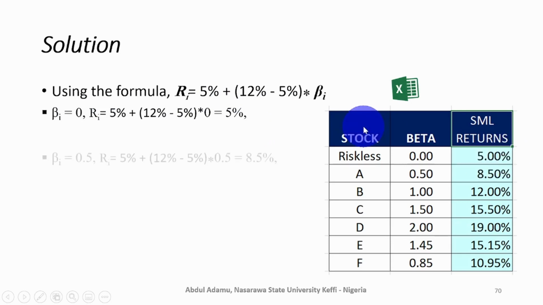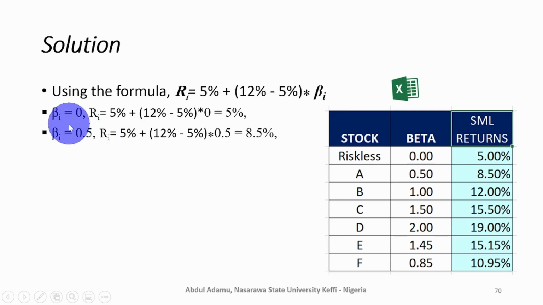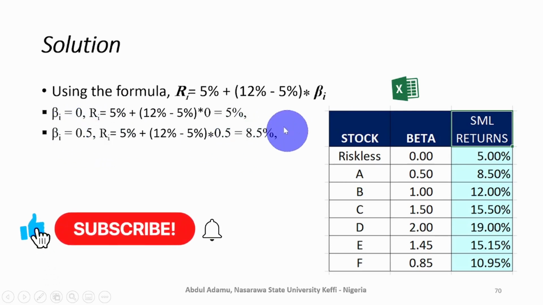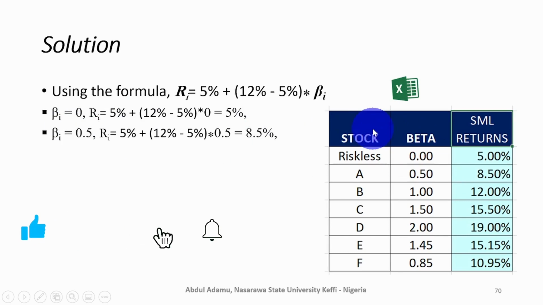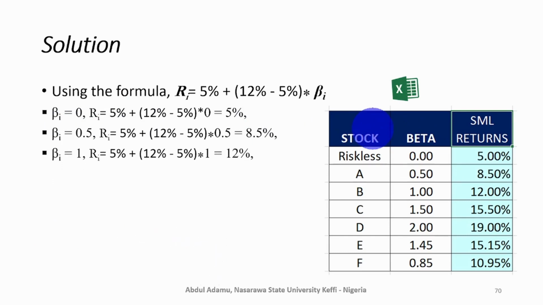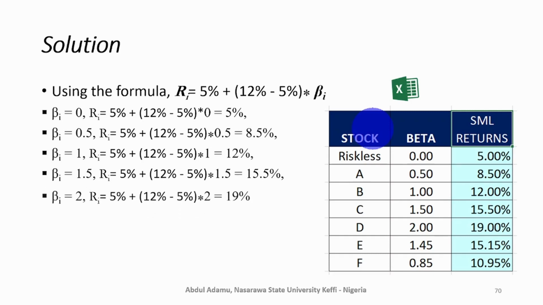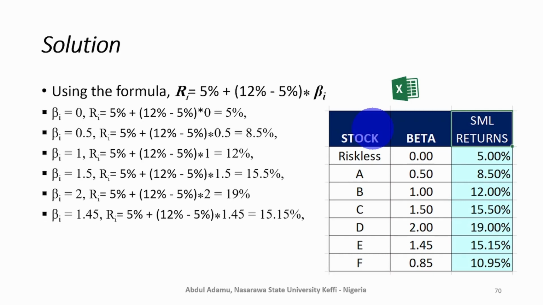We'll go to Excel to see how we have done this. If we plug in the value of beta 0.5, we have 8.5%, which is this. Like that, if you plug in beta equal to 1, you have 12%. Beta equal to 1.5, we have 15.5%. Beta equal to 2, we have 19%. Beta equal to 1.45, we have 15.15%.